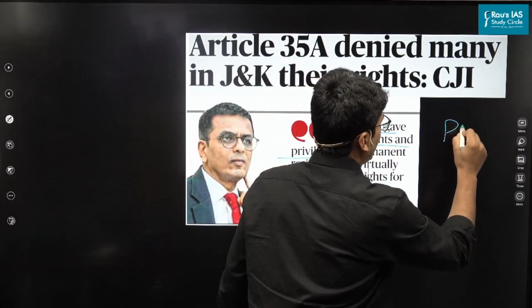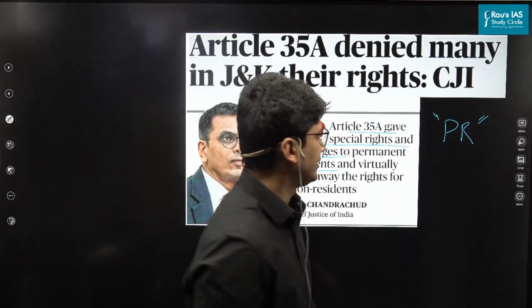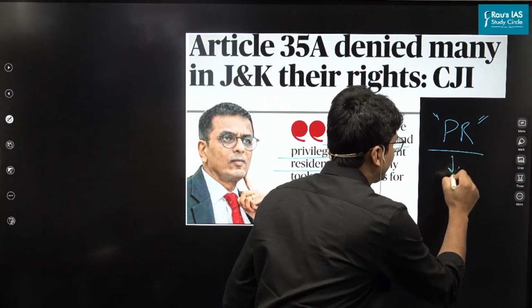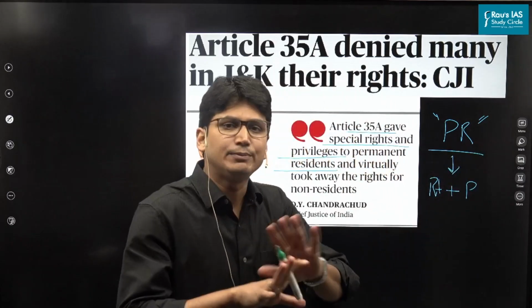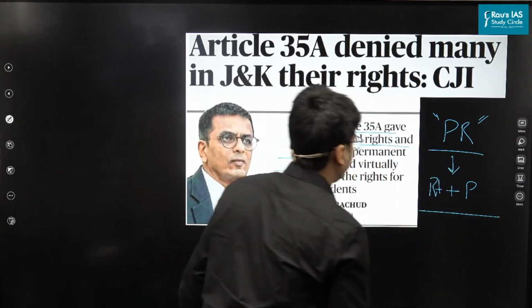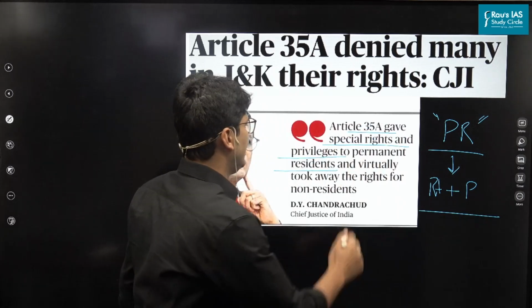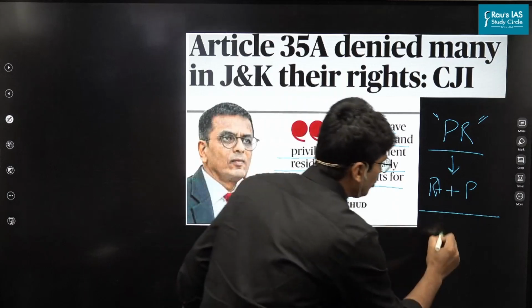This article created a special set of residents referred to as permanent residents, who were given certain special rights and privileges, but these were not given to non-residents. So, the Chief Justice highlights that this article also virtually took away the rights of non-residents.